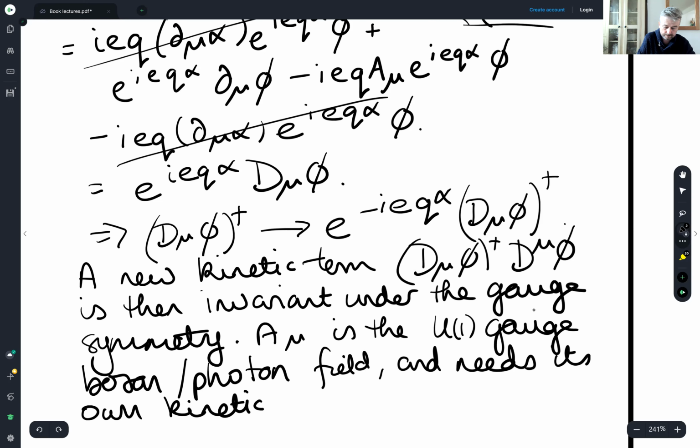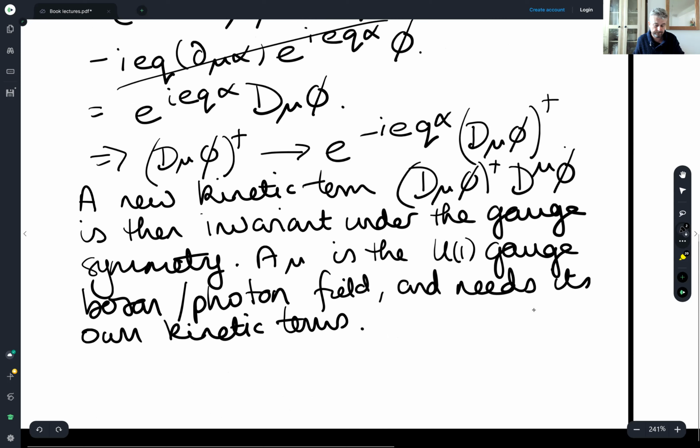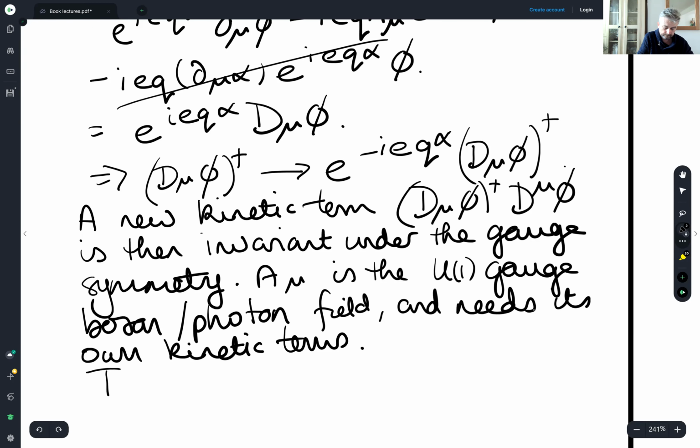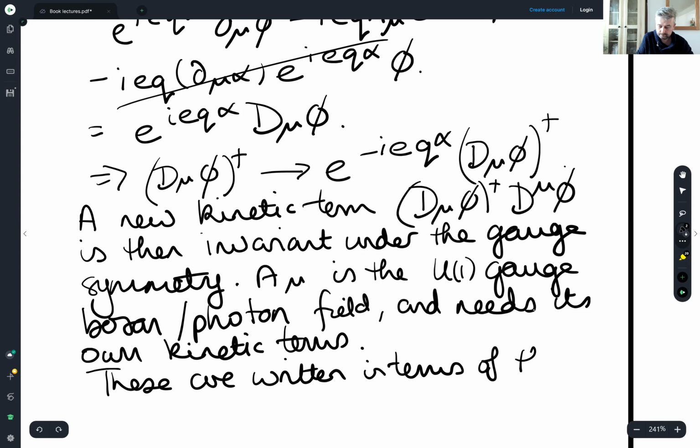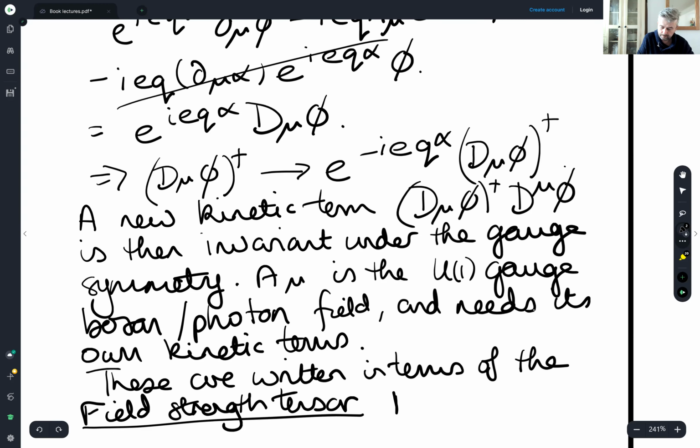Otherwise, it won't propagate. These kinetic terms are written in terms of what's known as a field strength tensor, typically denoted F mu nu, and it's defined to be d mu A nu minus d nu A mu.